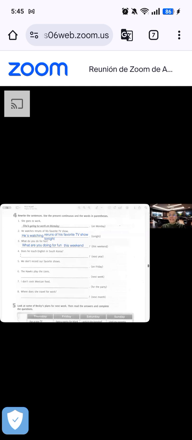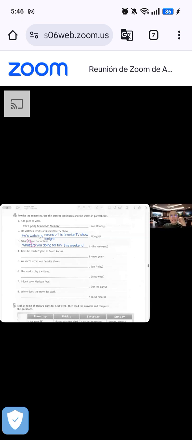Number 4. Does he teach English in South Korea? Check. So this will be for homework. Listen. In question number 3, this do is the auxiliary because this says present simple, habits or routines. So you have to change this do for the correct verb be, because the verb be in present continuous is like the auxiliary.